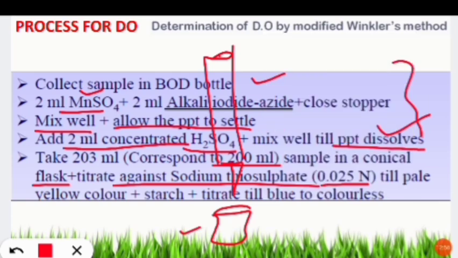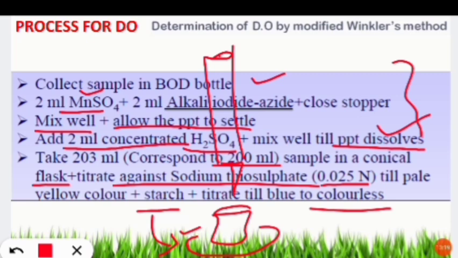Now we should add a certain indicator. The indicator is starch, and after this compound is formed in the conical flask, it will be blue in color. Then the starch reacts with the iodine present, and it will turn colorless. So colorless will be the end point.